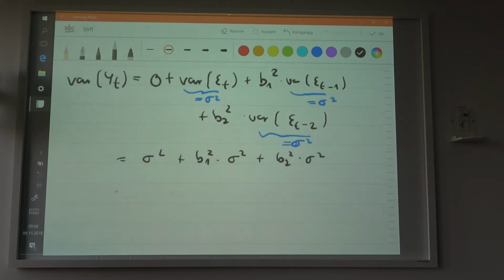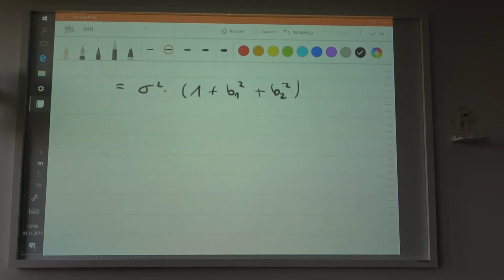So what you have is sigma squared times 1 plus B1 squared plus B2 squared, obviously. That's going to be relatively easy.